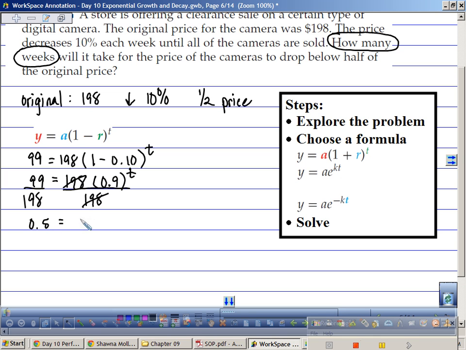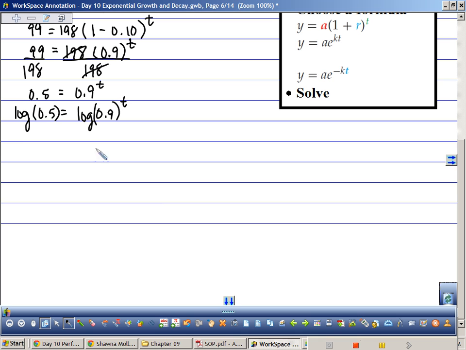Now I have 0.5 equals 0.9 to the t. Now we're ready to take the log of both sides, correct? So I've got log 0.5 equals log 0.9 to t. Then I would use what? Power property. I'm going to write all the steps out for you. Got it? So you've got everything.